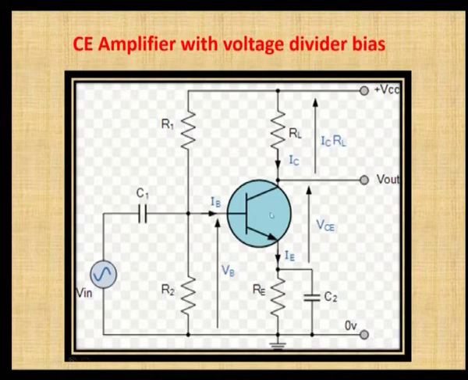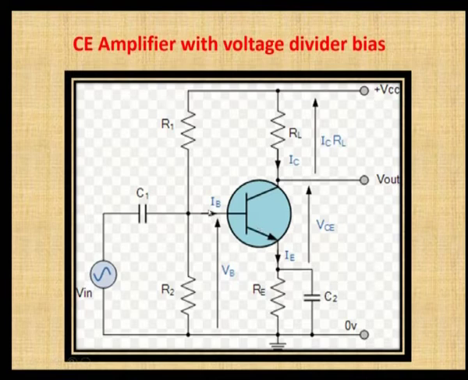This VCC is the supply which is biasing the transistor. Now it is like food for a human being. Once the supply is given, only then the transistor will work, otherwise it will not work, right. It will work as an amplifier or oscillator, whatever the connection is given.